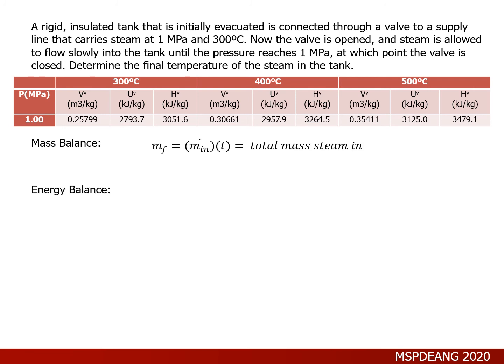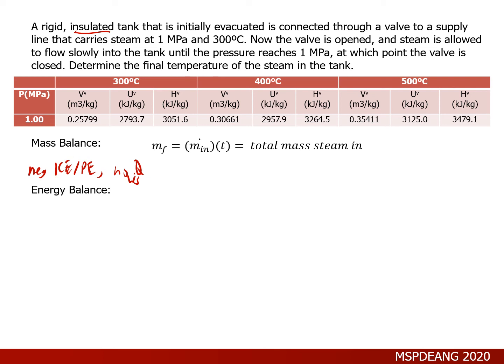Okay, so these are previously derived mass balance equations. Let's now proceed to the energy balance equation. For the energy balance equation, we can make the same assumptions. You can have negligible KE and PE. You can also have no heat transfer kasi we have an insulated tank, and we also have no shaft work kasi wala naman tayong rotating equipment inside.